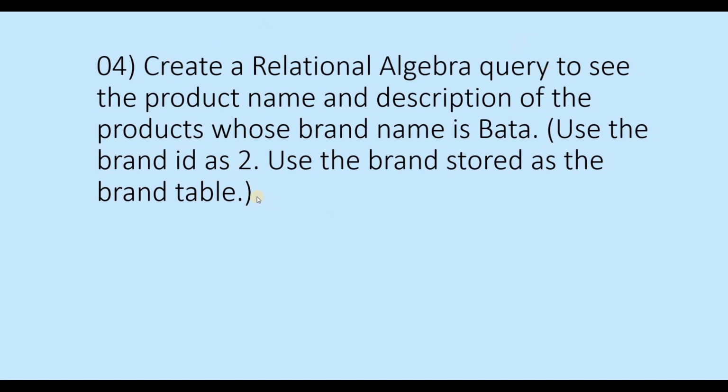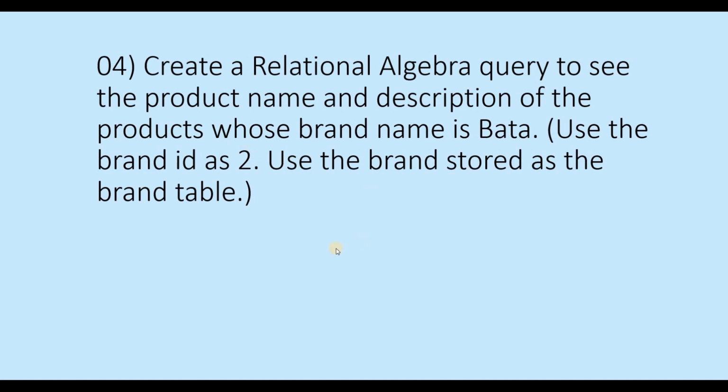First we have to select the products whose brand ID equals to 2. First of all, we have to select the products whose brand is equal to Bata. Then we have to get the product name and the descriptions corresponding to this ID.